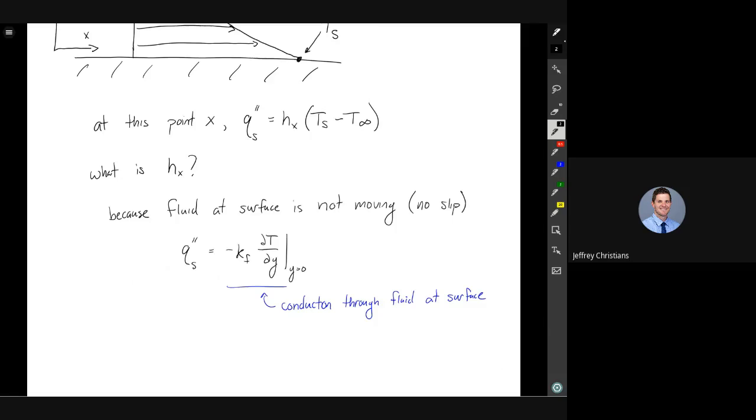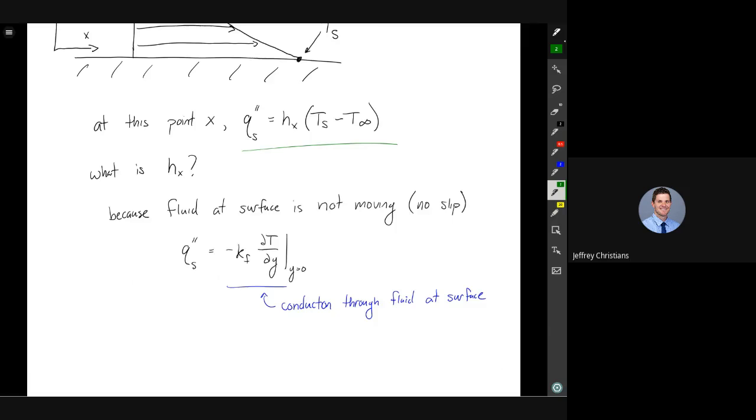So we can generally describe what's happening by this equation, or we can describe it as conduction through the very surface of the fluid, but those two things have to be the same, because any heat that goes through those first couple layers of fluid, because of conservation of energy, is what eventually goes to T infinity.